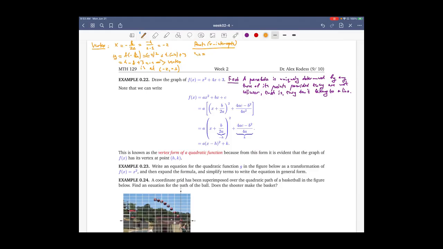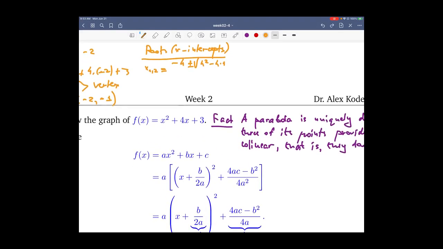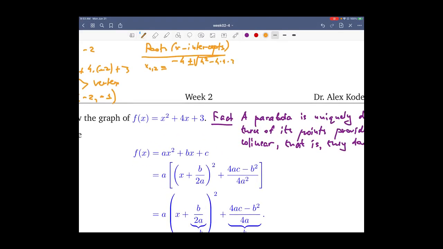So using that formula, we have negative b, which is negative 4, plus minus the square root of b squared, 4 squared, minus 4 times a times c, divided by 2a. That will be negative 4 plus minus the square root of 16 minus 12, which is 4.